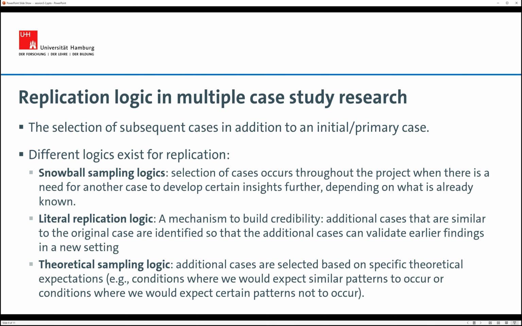Finally, a third logic is called theoretical sampling logic. In this heuristic, we select additional cases based on specific theoretical expectations that we generate from our initial cases.